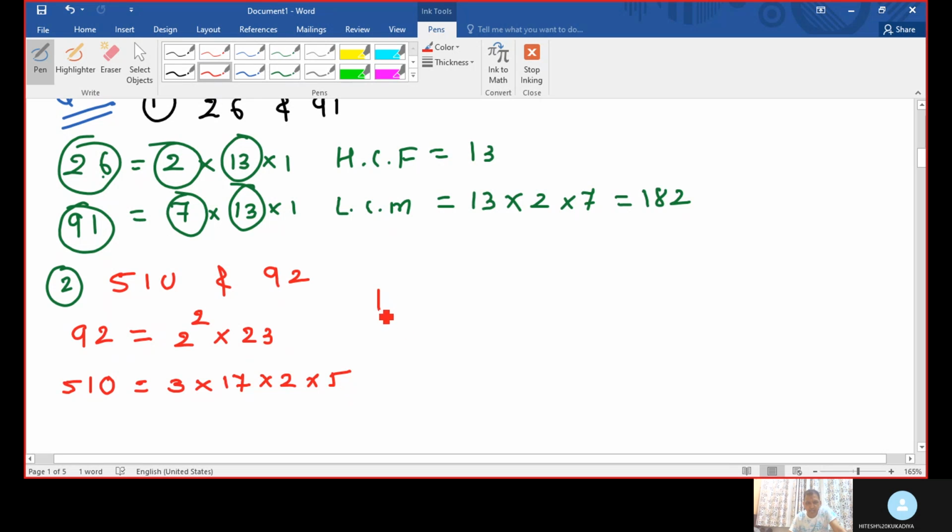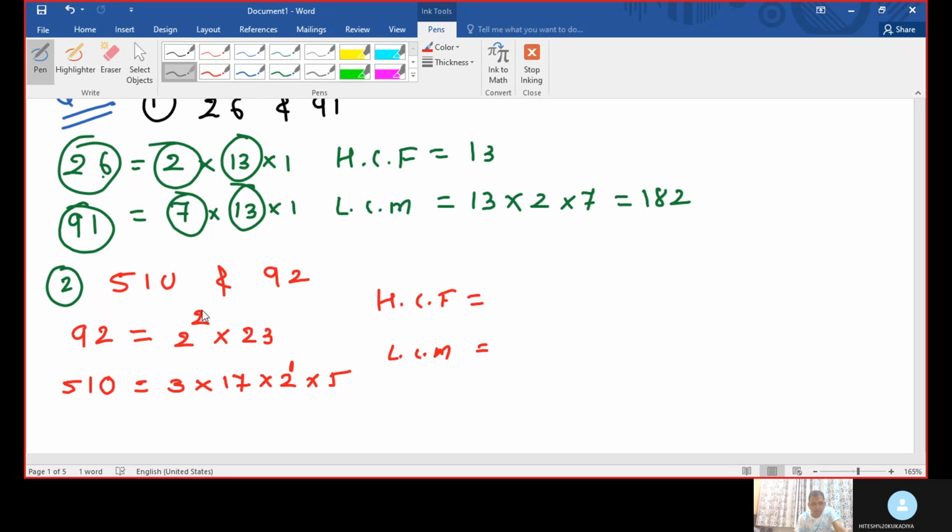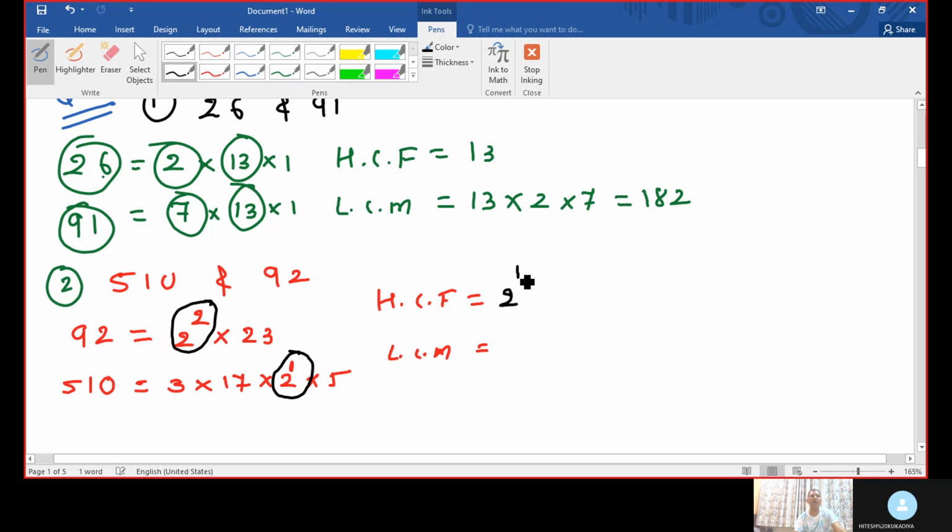Now we find HCF and LCM. For the highest common factor, here is 2 raised to 1 and here 2 raised to 2. The common factor is 2, with the smallest power 1. So HCF is only 2. Now LCM.